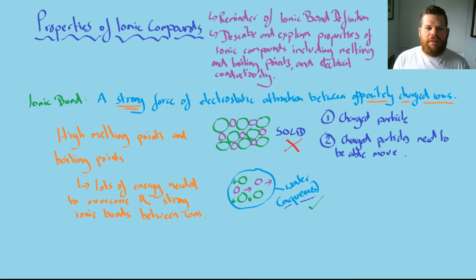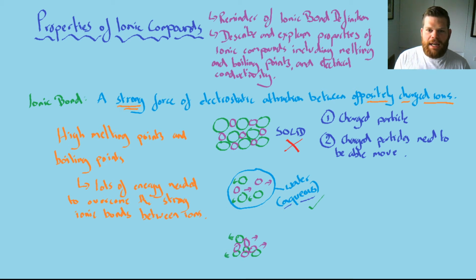The last scenario in which it could conduct electricity is if you had a liquid. This is using a little bit of particle drawings. This is no longer a lattice. Things are a little bit more irregular, but these particles are able to move and therefore conduct electricity.